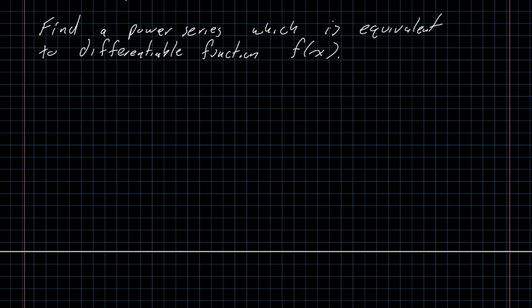And as has often been the case in differential equations, we're going to implicitly assume that all of our functions are differentiable as much as we need them to be. So we're going to assume that we can take the derivative, we can take the second derivative, we can take the 10th derivative, we can keep going as long as we still need derivatives.